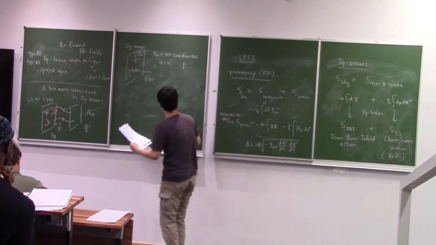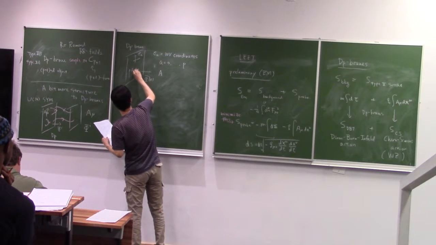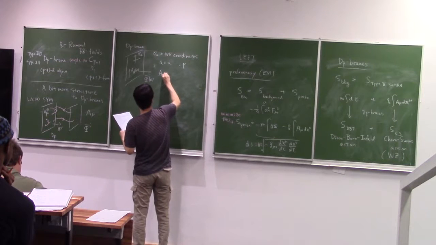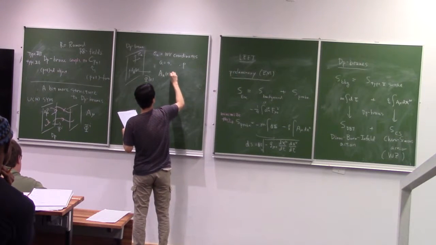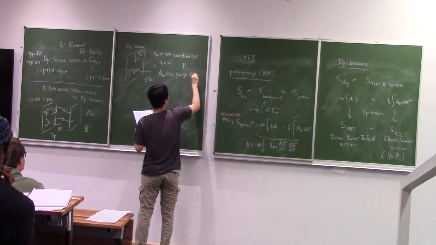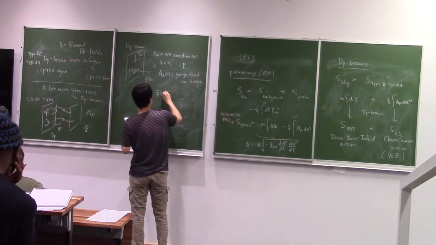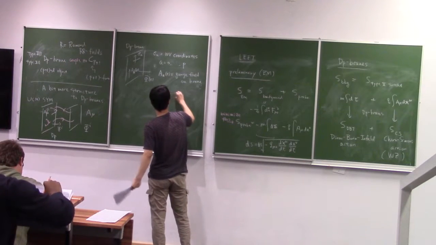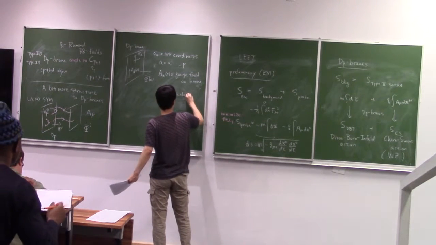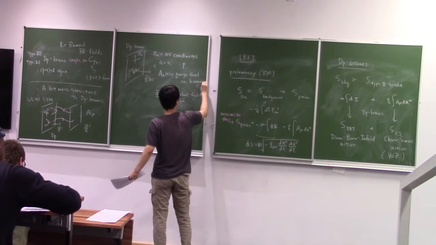Gauge field on the D-brane, and this is the scalar field on the D-brane.